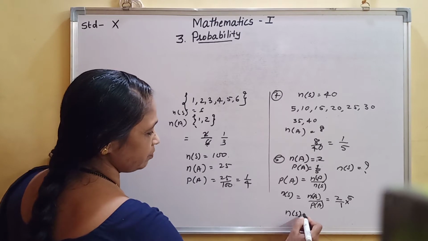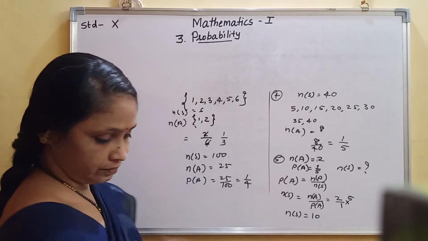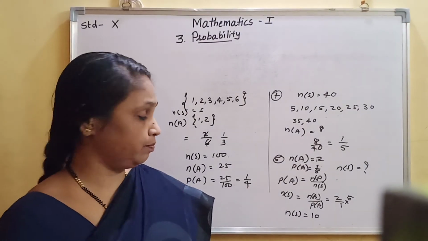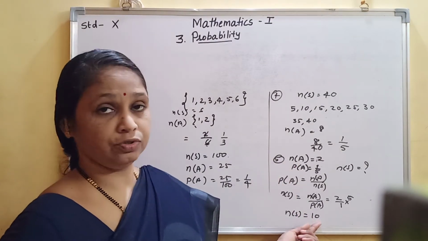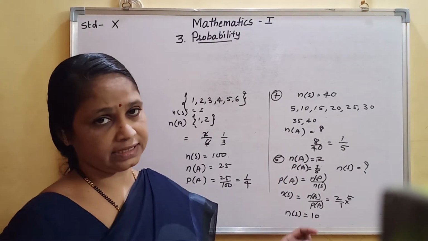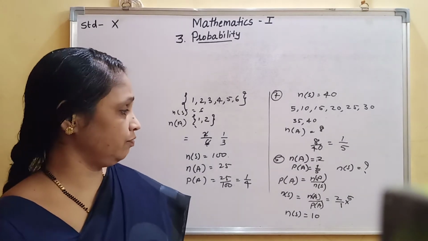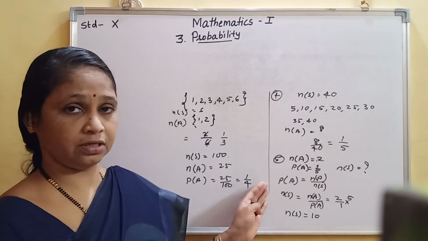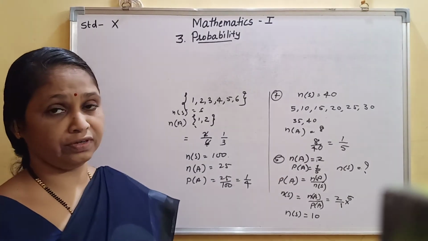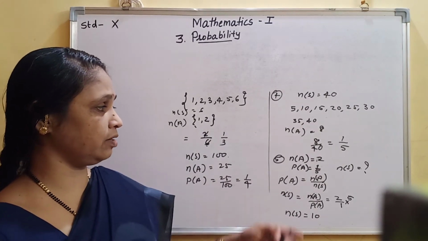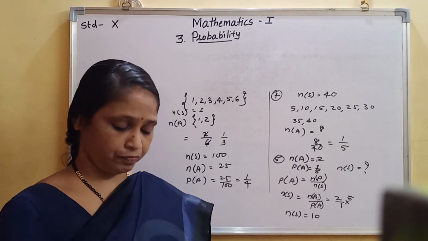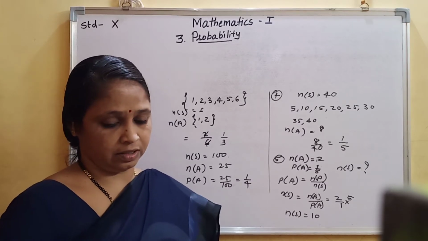So n(S) will be equal to 10. So the number of sample space points is 10. This is about the fill in the blank. It can come for solving for 1 mark, for 2 marks, and also for 1 mark as a fill in the blank.